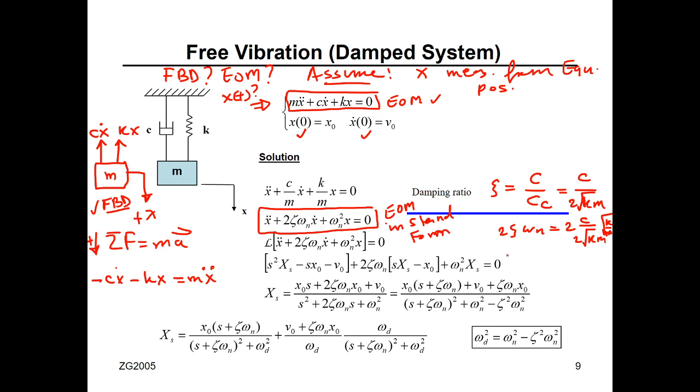Let me write it here again: 2C over 2 square root of km times square root of k over m. Now much more clear. So this 2 will cancel with 2, K will cancel with K, and what's left is C on the top, and in the bottom we have square root m times square root of m. So it is the same. Is it the same? Look. Yes, same.